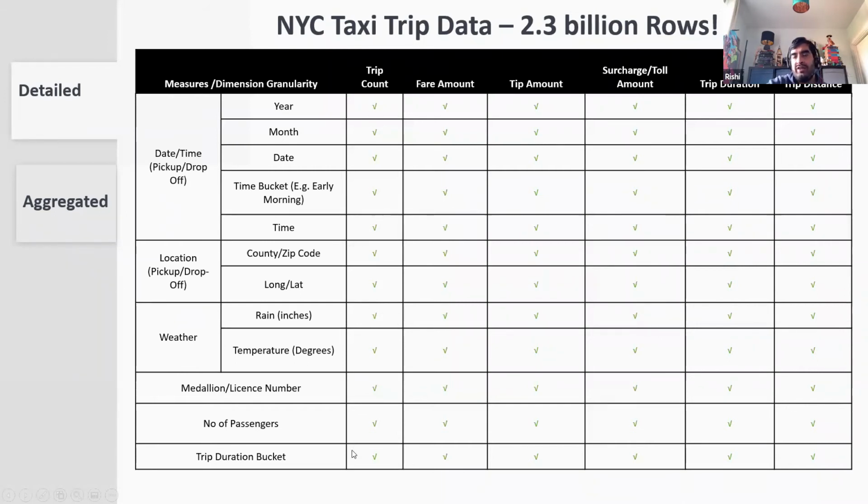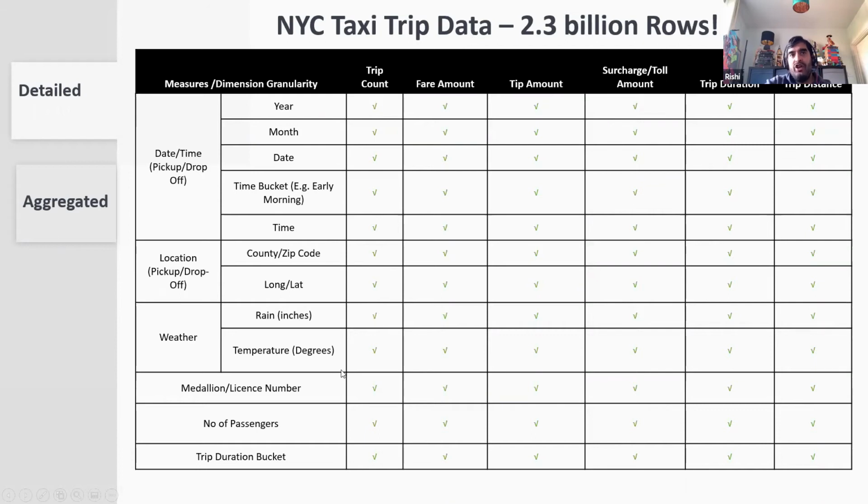So very, very detailed data, but that detailed data might just be noise, because do you really care about whether it was 73 degrees Fahrenheit or 73.5 degrees Fahrenheit? Probably not.